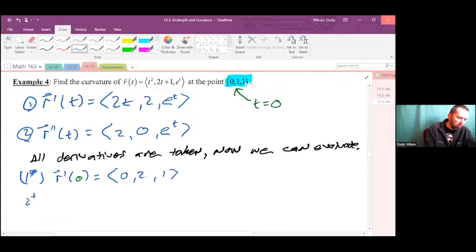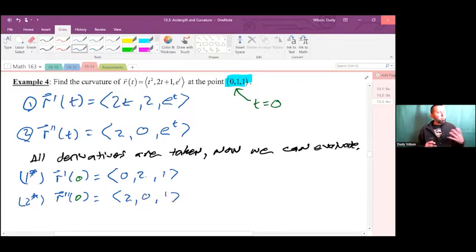Step 2 star, because we're coming back to 2, will be r double prime of 0, and that's going to equal 2, comma 0, comma e to the 0, which is again 1. Once we've found our r prime and our r double prime and evaluated them at 0, we can continue on to step 3 and find r prime of 0 cross r double prime of 0.